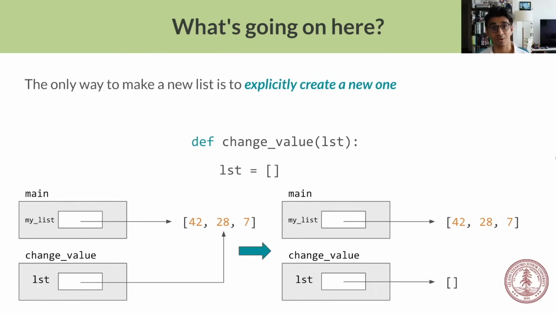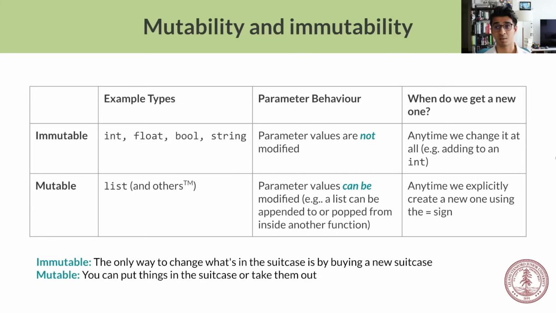All right, now that we understand that, let's talk a little bit about how we can summarize all of this. We've identified two types of variables: immutable variables and mutable variables. I think a lot of the time it's more helpful to describe these as immutable values and mutable values, because really we're always talking about what's on the right side of the arrow, the value that the variable is currently equal to. Immutable values are values like integers, floats, booleans, and strings. These are values that the designers of Python just decided could not be modified.